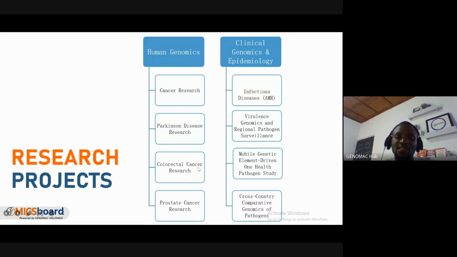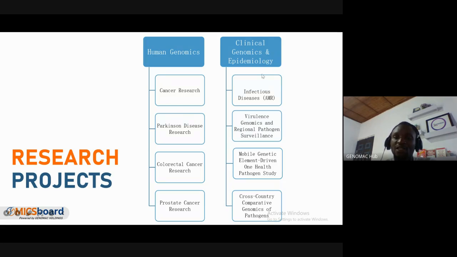So the colorectal cancer research and the prostate cancer research, we're going to be working with human microbial or microbiome genomic data, and then we're going to be seeing how these microorganisms are associated to increasing or causing progression in the metastasis of these cancers in human. And then we are going to be seeing how we can identify specific biomarkers that can actually be utilized in the therapeutic approach in dealing or treating that particular cancer as well.